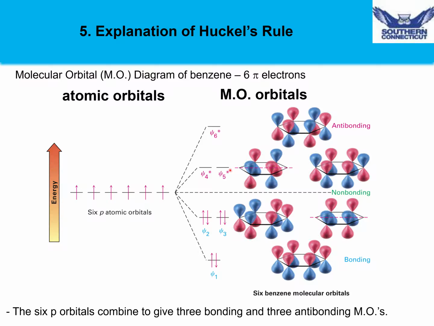As a result of going from 6 p orbitals into 6 molecular orbitals, and only filling the 3 lowest molecular orbitals in energy, which happen to be lower in energy than the original p orbitals, we're essentially, in making benzene, making the molecule more stable.